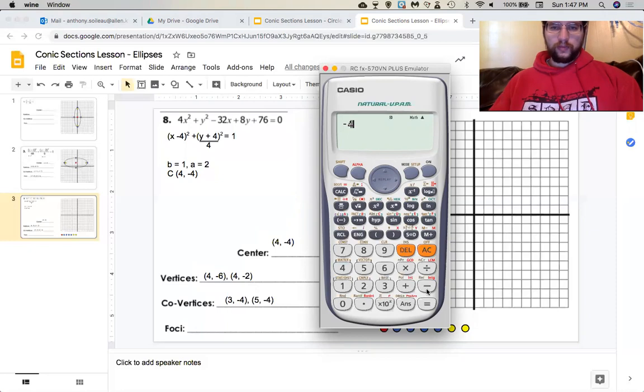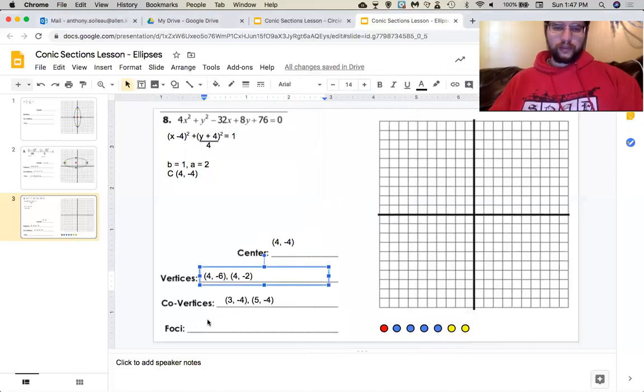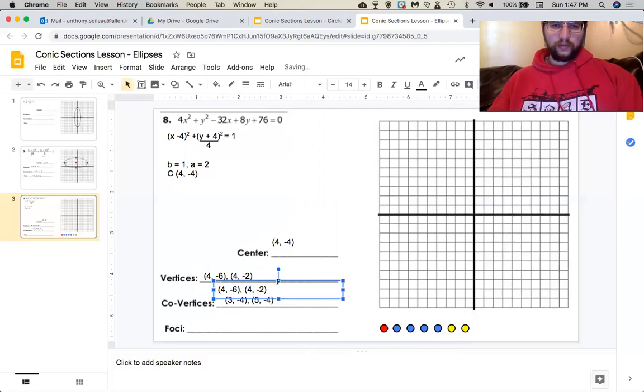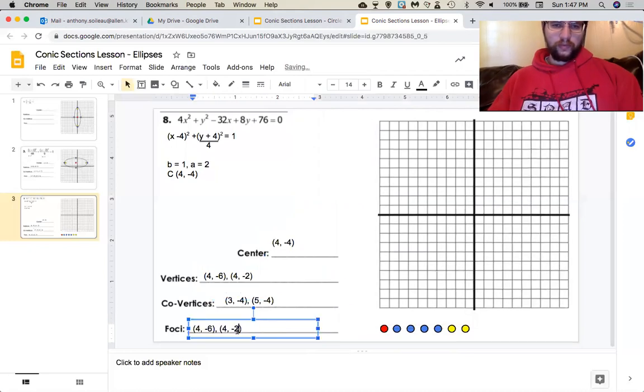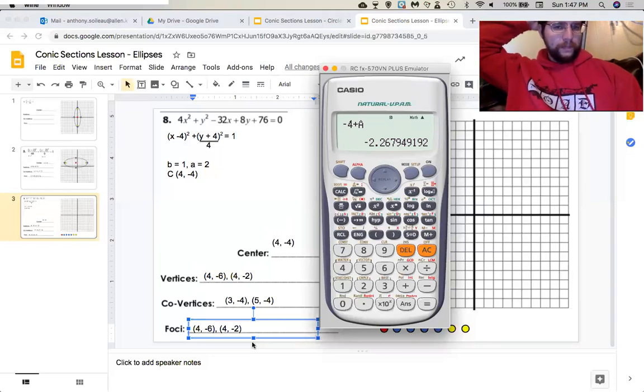Negative 4 plus square root of 3 is negative 2.3. Okay, negative 2.3.